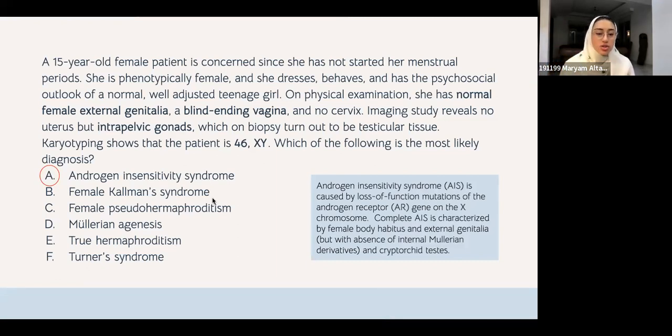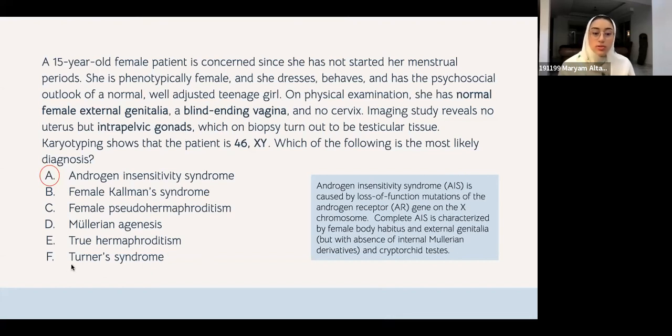If I had a question with that, the person would, for example, present with lack of menstruation. But once you administer an external hormone, meaning if I give them GnRH, they're going to develop normally, but they cannot produce it themselves. Okay, Mullerian agenesis we're going to talk about in a second.